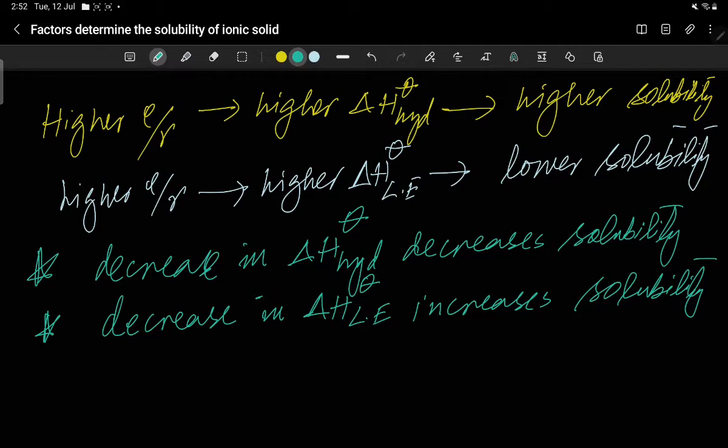So this is a very important point from the examination point of view.